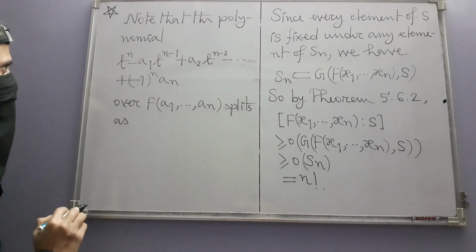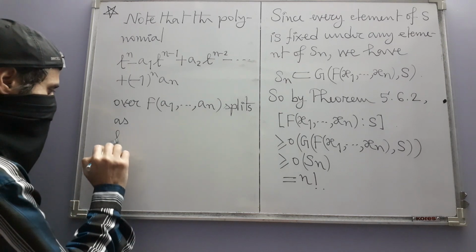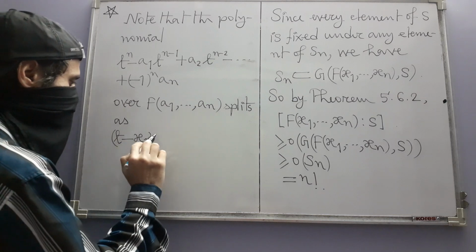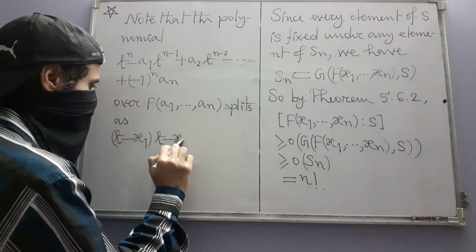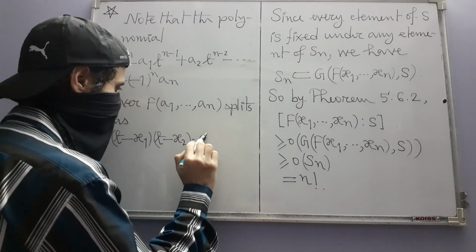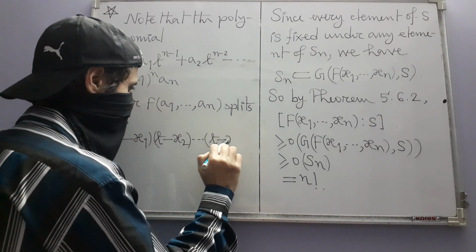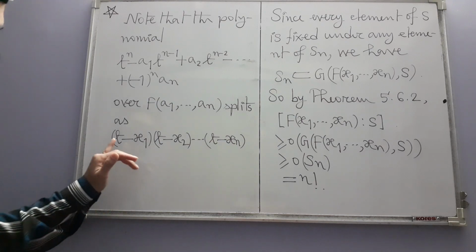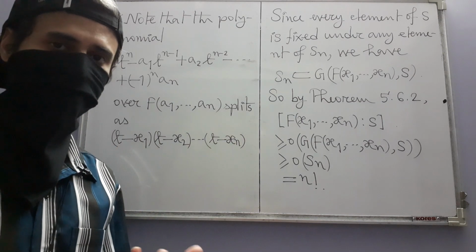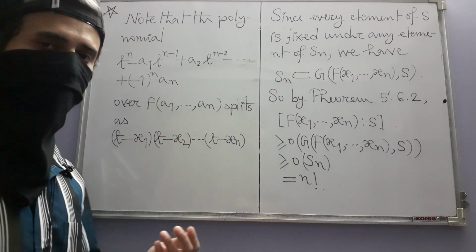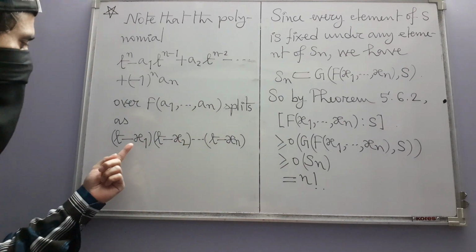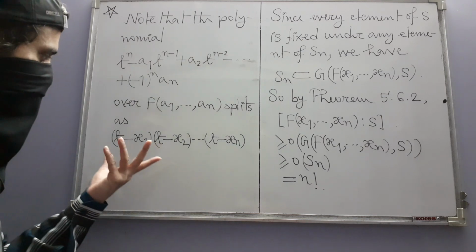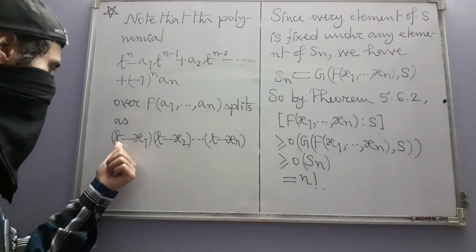So this is a polynomial over this field that splits as this: t minus x1, t minus x2 and so on, and finally t minus xn. If you multiply all the terms out, collect the like coefficients and you do everything, then you are going to get these symmetric functions. In fact, you can actually see why that is going to be the case.